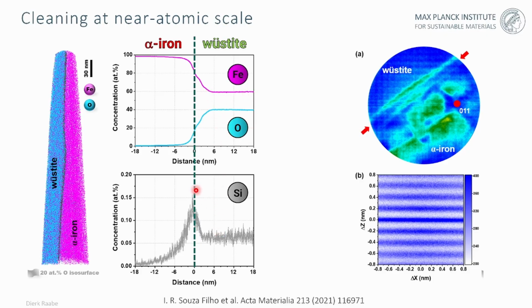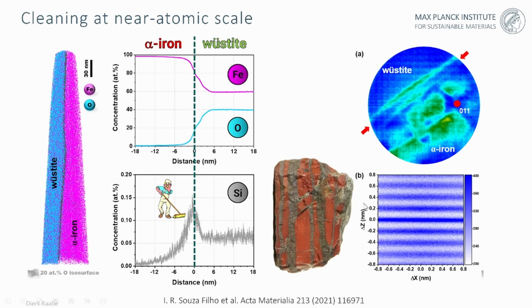But particularly you can see again that the silicon that you typically do not want to have in the final iron product is indeed depleted from this gained ferrite and partitions into the remaining wüstite oxide. So it's a very, very important cleaning step, which is also here proven at the atomic scale.